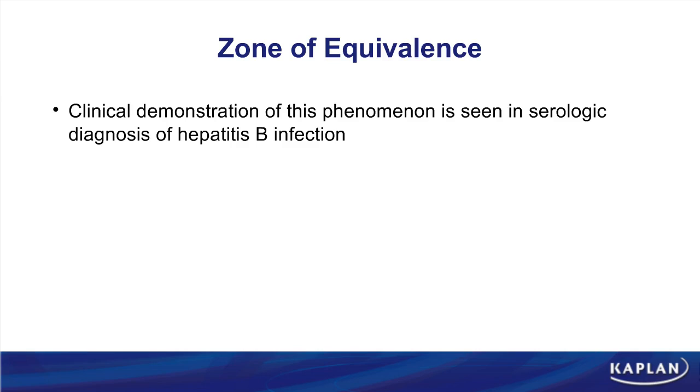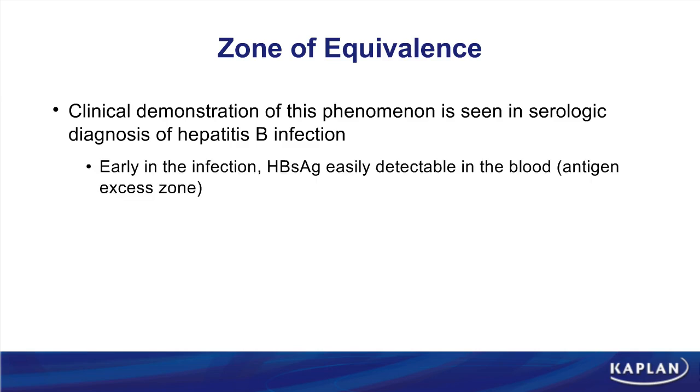So how can we clinically dissect the importance of the zone of equivalence? The easiest way is to take a look at the hepatitis B serology. Early on during the infection, just as with any infection, you're going to have antigen excess, and for hepatitis B, this is the surface antigen. So early on, we can find surface antigen in the blood.